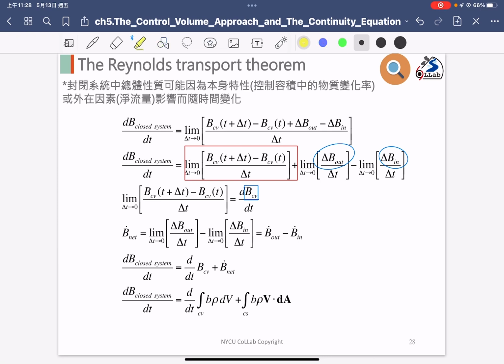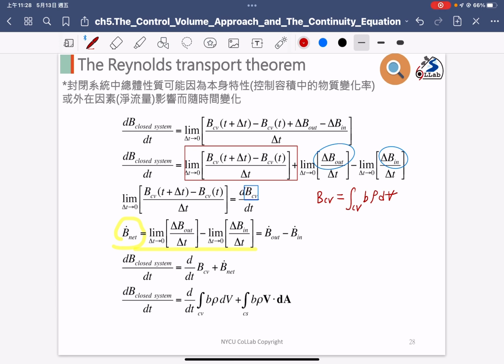And this item we can say is equal to the B net rate. So I just highlight some parameters we know, the BCV. What is the BCV? We do the integration along the control volume, inside, of the B low and the small volume changes.